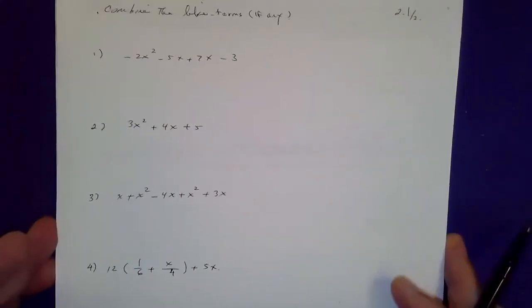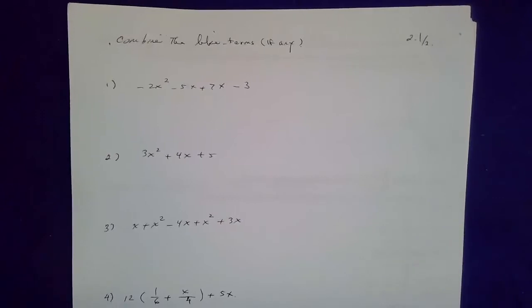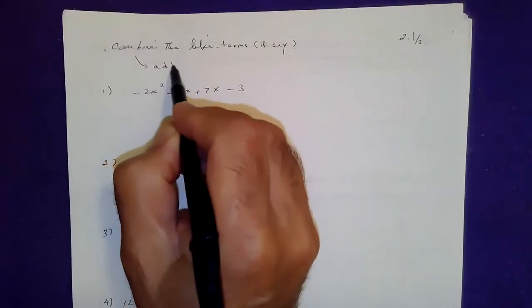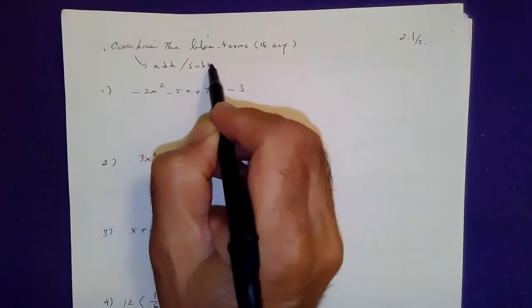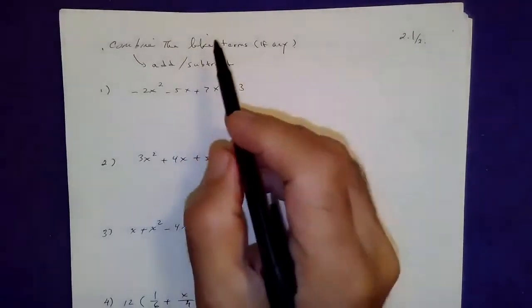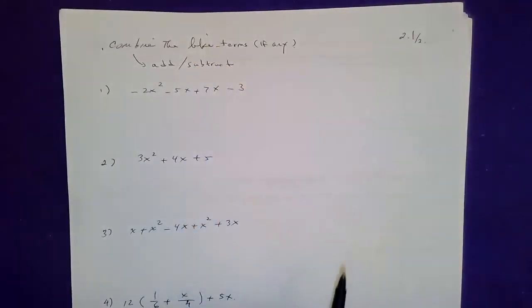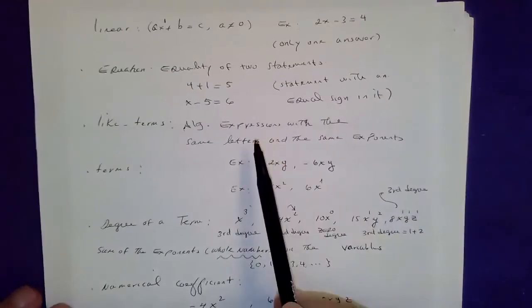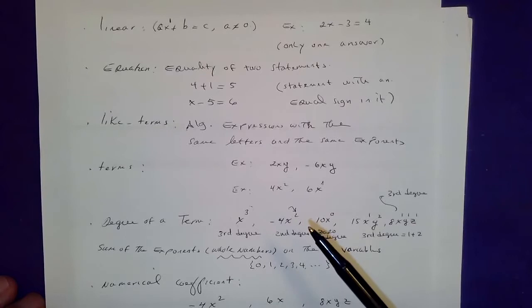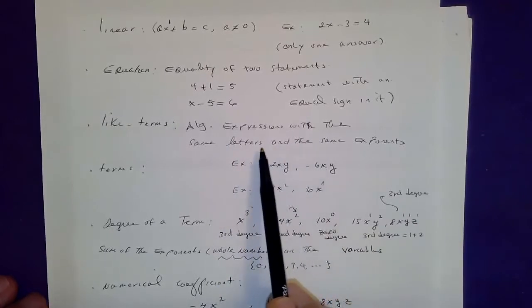Okay, so what is combining like terms? Combine means add or subtract, correct? Add or subtract. Okay, so like terms, as we defined on the previous page, are terms with the same letters and same exponents.